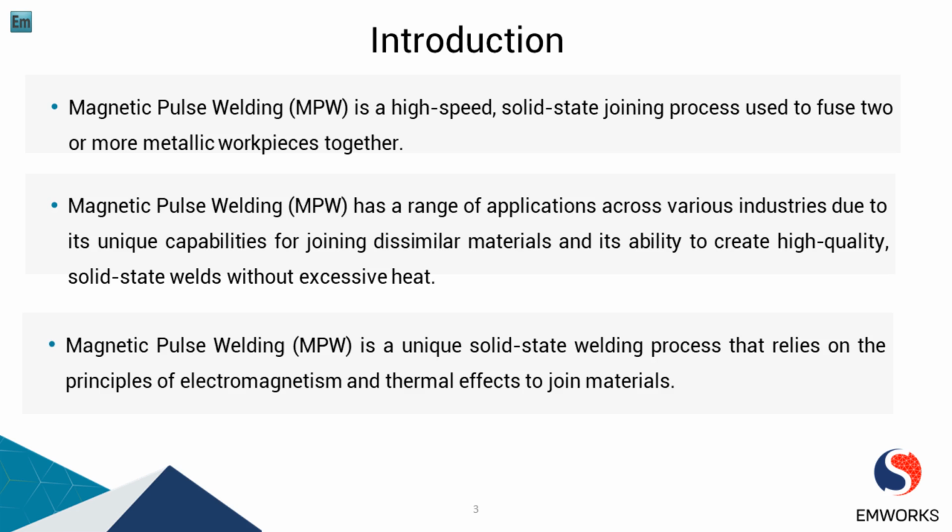This makes it an ideal choice for joining dissimilar materials. The overall process operates on the principle of electromagnetism and thermal effects to seamlessly join materials through the rapid discharge of a high capacitance electric pulse through a coil. And then a strong magnetic field is generated, which propels the welding process forward.